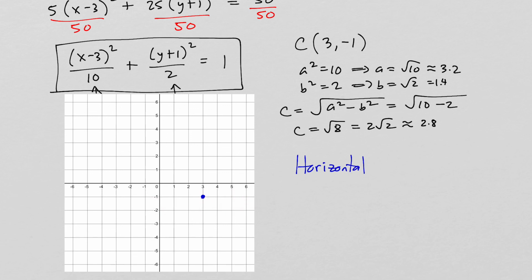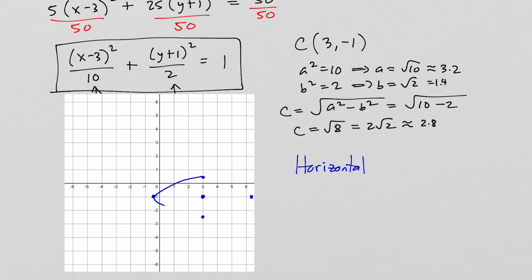From the center, we have to go a units to the right and a units to the left, and a is approximately 3.2. So if we go 3.2 units to the right and 3.2 units to the left, we get those points approximately. And then for b is 1.4. So we go up 1.4 units and we go down 1.4 units. And this is our ellipse.